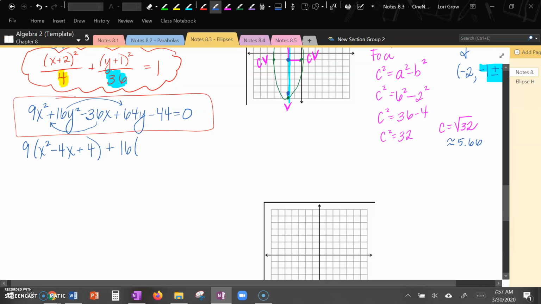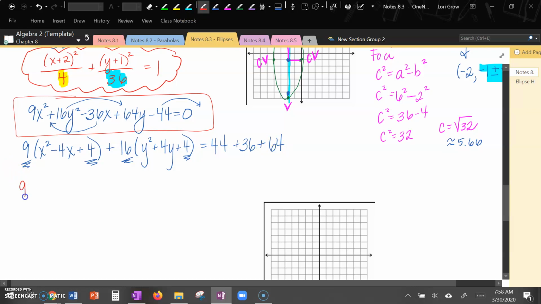So that might be a step that you want to completely write down instead of doing it in your head. Okay, take out a 16 from 64, and that'll leave me with 4. I'll add on a 4. I'm going to move this 44 to the other side, and then I'm going to remember, what did I actually add on to both sides? I added 36 and 64.